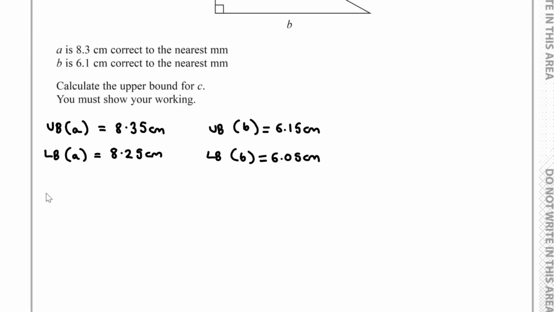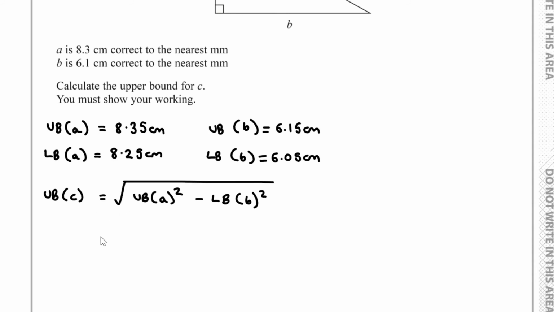When we come to work out the upper bound of C, this is equal to the upper bound of A all squared minus the lower bound of B squared, square rooted, and that's through Pythagoras. So here we've got 8.35 squared minus 6.05 squared, square rooted.